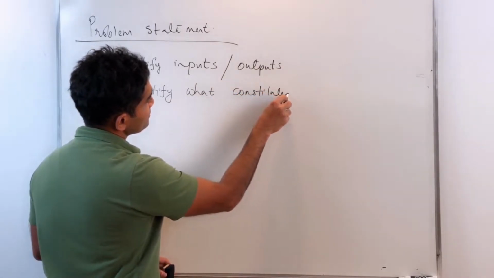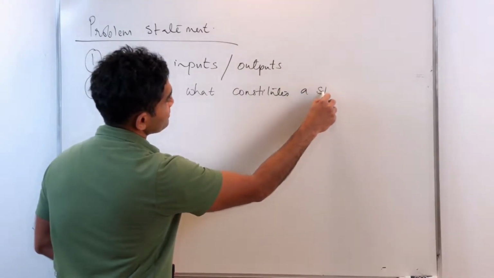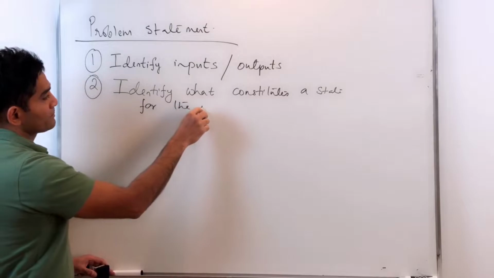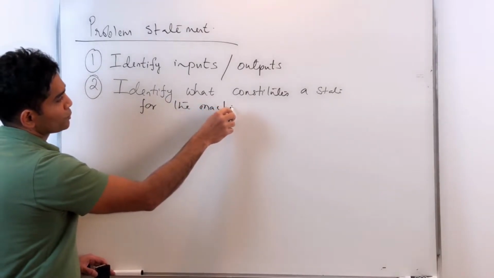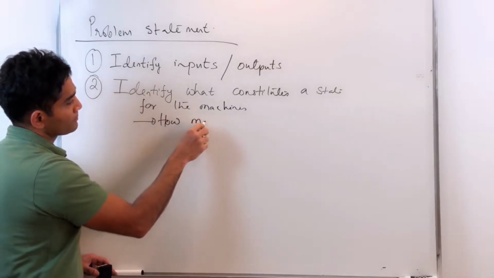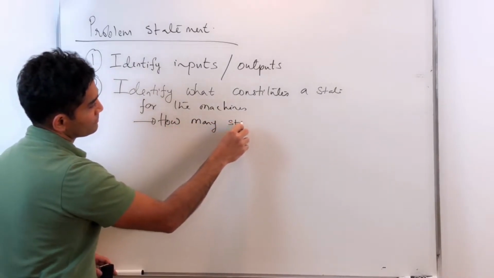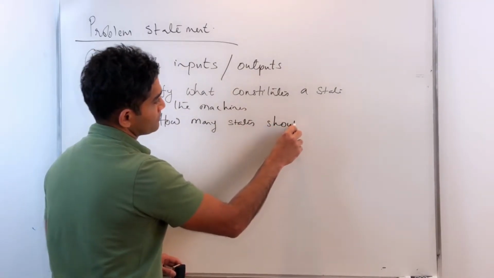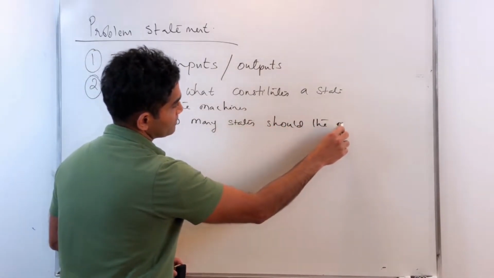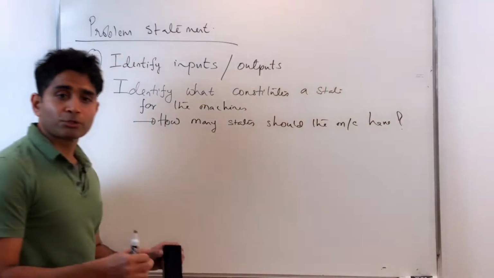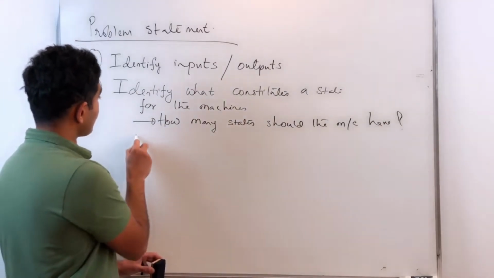Once you do that, you will know how many states the machine should have. Once you know how many states the machine has, you will know how many state variables you should have.